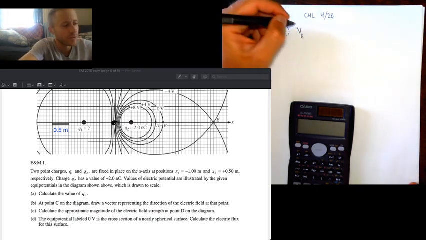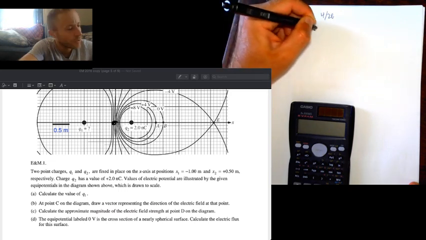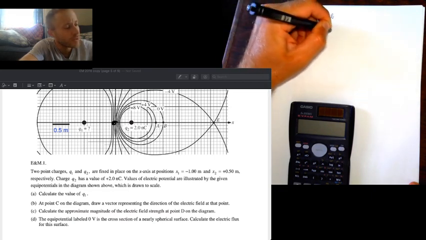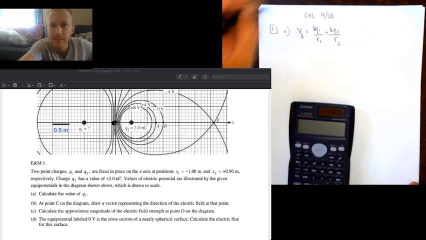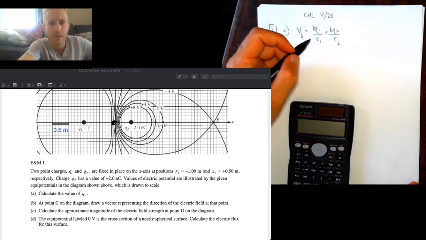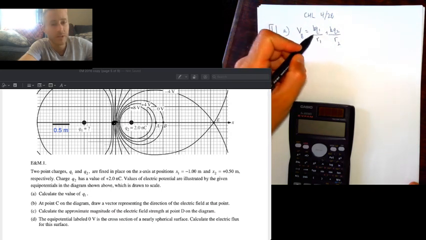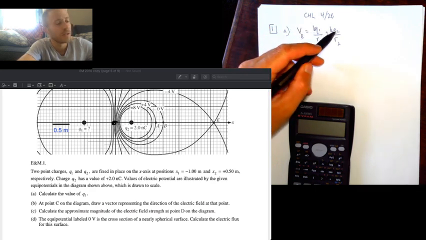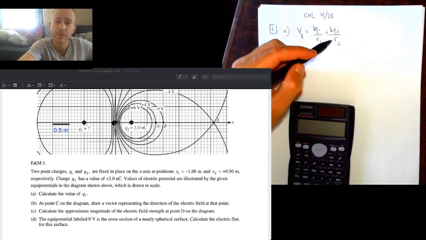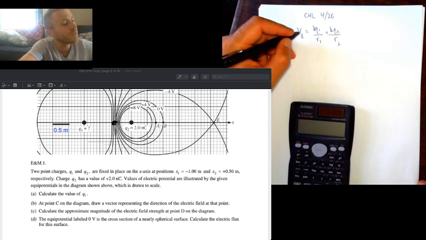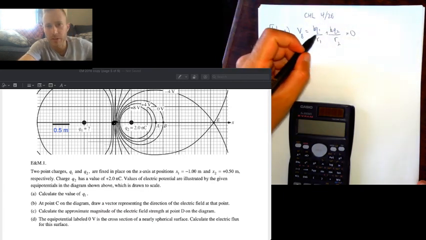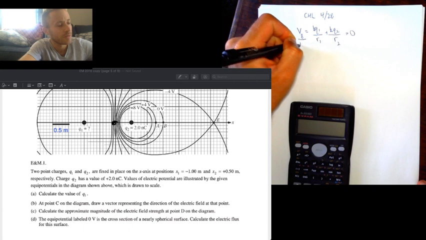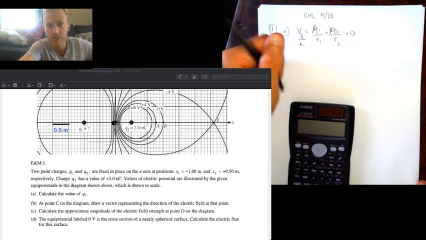And so I can see that the potential at B is going to be K Q1 over R1 plus K Q2 over R2, where R1 is the distance from Q1 to the point B, and R2 is the distance from Q2 to point B. So the potential at B is 0, and I could divide both sides by K, that cancels those out, and I still get 0.